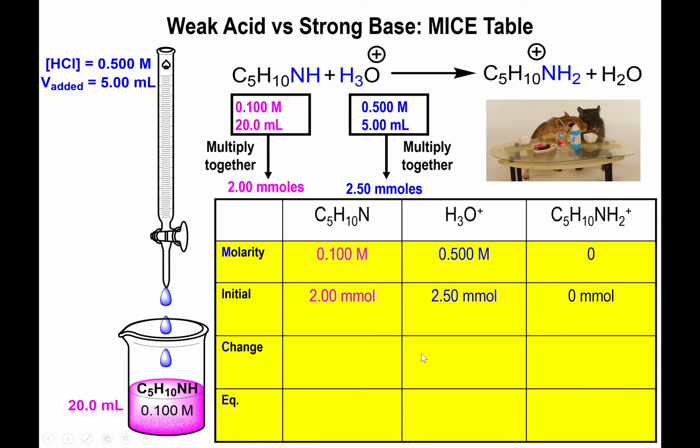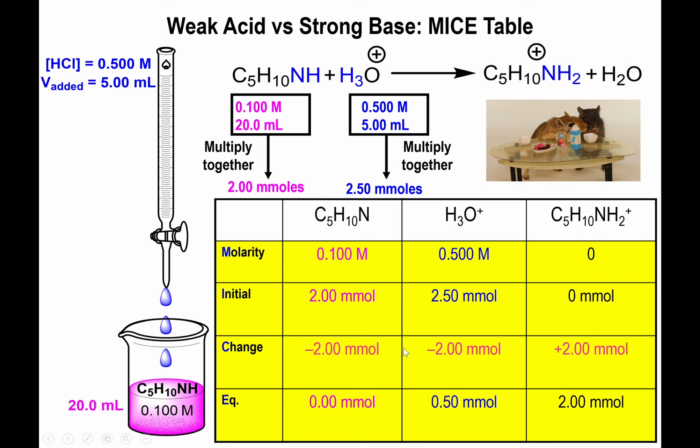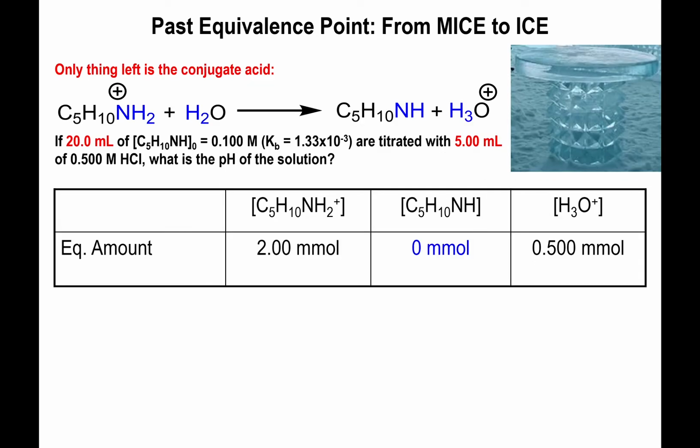So we're going to subtract 2 from both, and we're going to add 2 to the product. And so what that means is that you will run out of conjugate base, but you will have 0.5 millimoles of H plus remaining. All right, so because this is no longer a buffer, as a result of the fact that you no longer have a base present, you have to start with a conjugate acid, set up your acid-base dissociation equation.